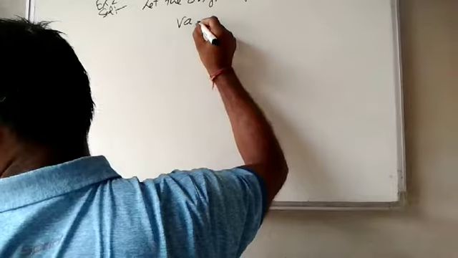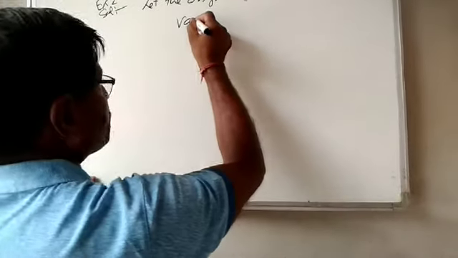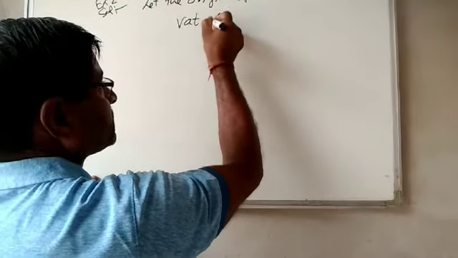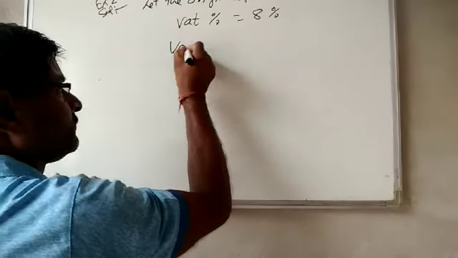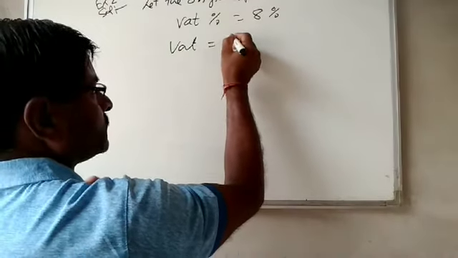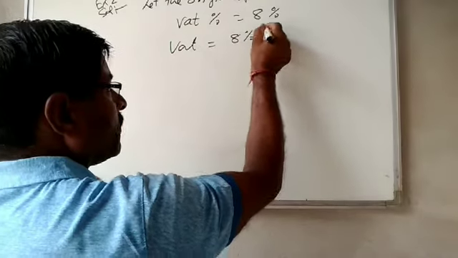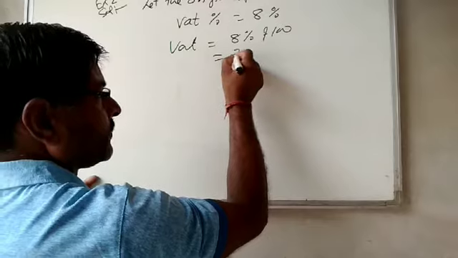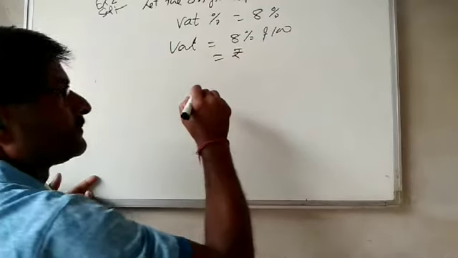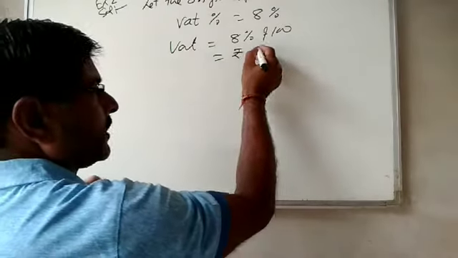VAT percent is equal to 8%. So VAT is equal to 8% of 100, which is rupees 8.